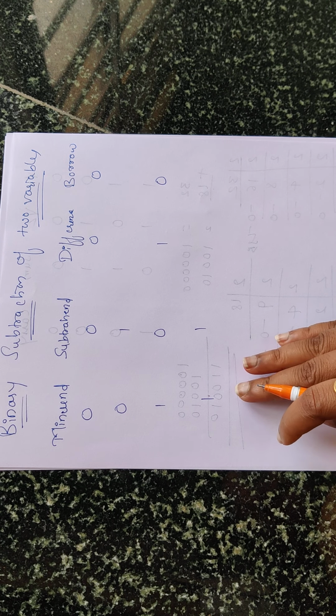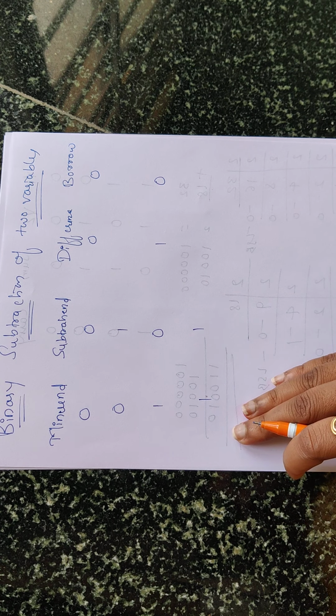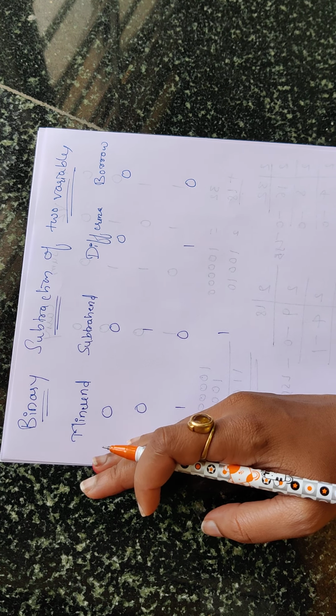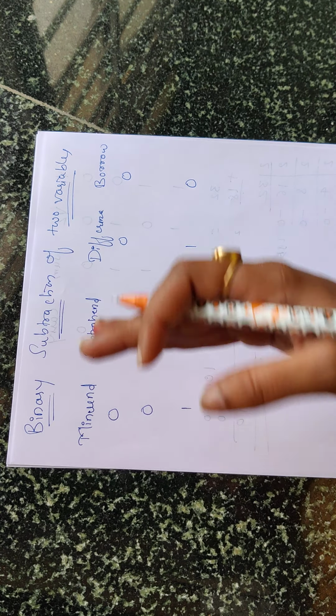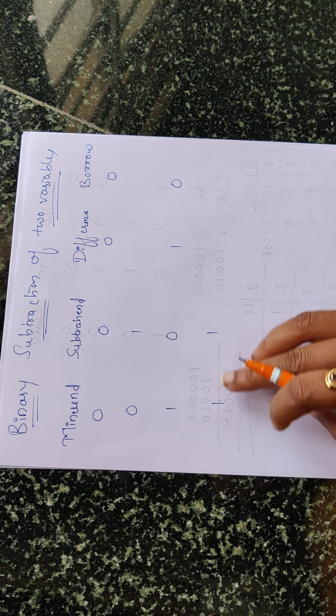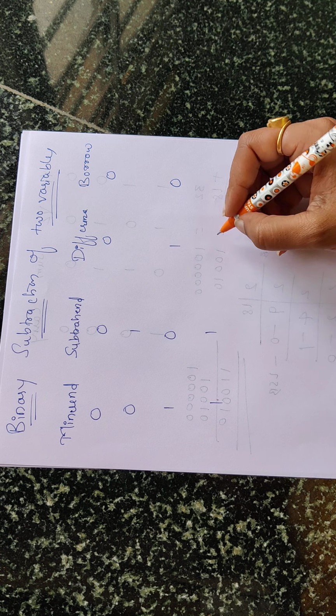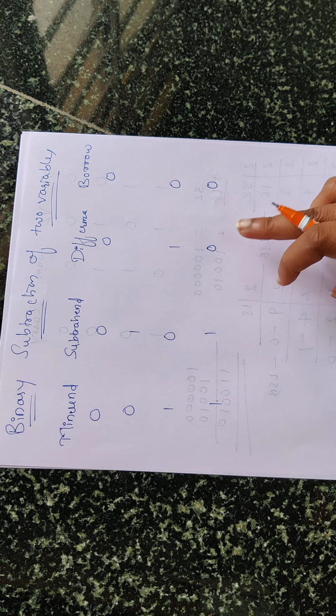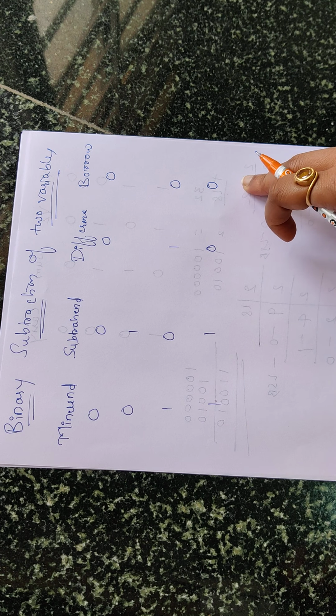Now when you are subtracting 1 from 1, always we subtract the subtrahend from the minuend. So 1 minus 1, the difference is 0 and the borrow is 0.